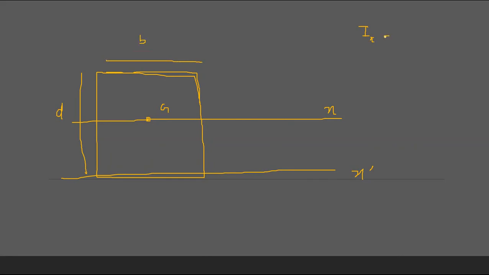The length cut by the axis is this. This is only for a rectangle, okay? Only for a rectangle, bd cubed over 12. For other areas, it is changing, right? So you have bd cubed over 12. So you need Ix dash, right?